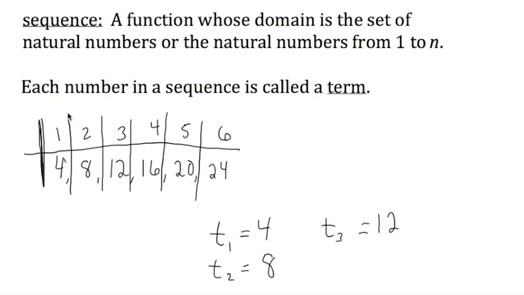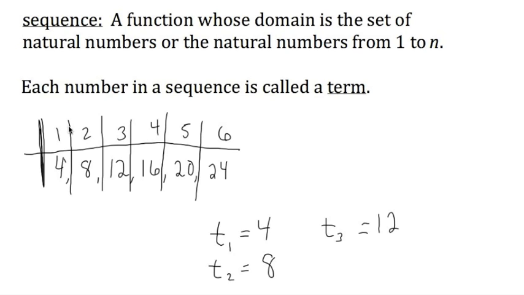Now it's important to note the significance of the domain of a sequence being the natural numbers. This means that we only have these natural numbers, 1, 2, 3, 4, 5, 6, and we could keep going, as the inputs to the function. In many functions, we can define a function for an input of 1.5.